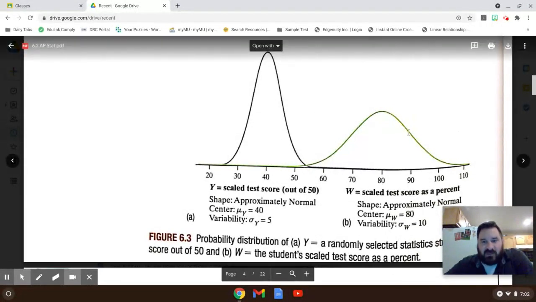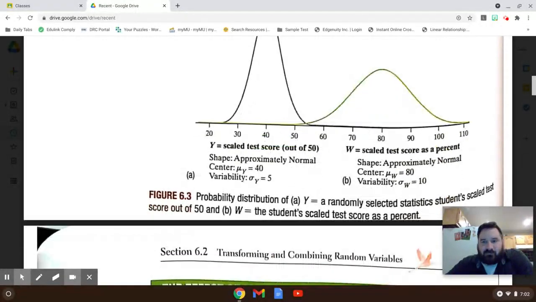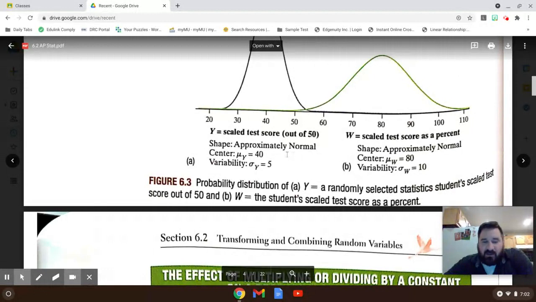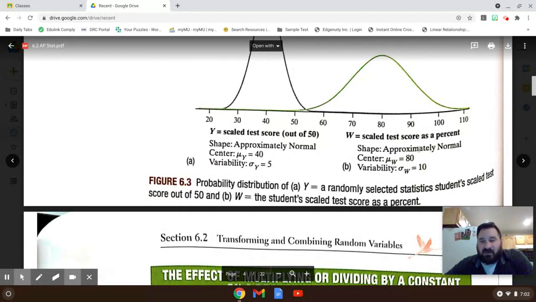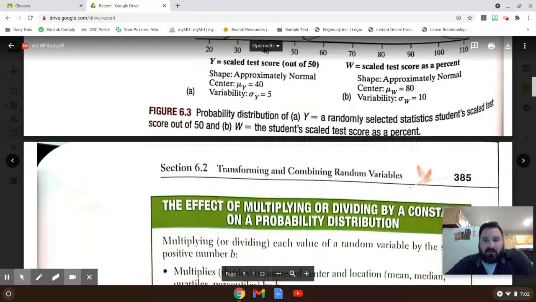Standard deviation is now doubled too. For Y, the average was 40 and standard deviation was 5. Now that we double all the scores, we double those things. So now the average is 80 with a variability of 10 points. So 80% and 10 points.